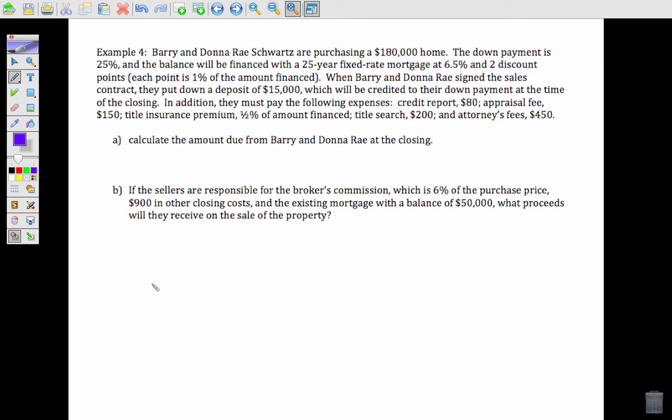The down payment is 25%, and the balance will be financed with a 25-year fixed mortgage rate at 6.5%, 2 discount points. Barry and Donna signed a sales contract. They put down a deposit of $15,000, which will be credited to their payment at the time of the closing. In addition, they have all these other charges, and we'll come back and pick those up.